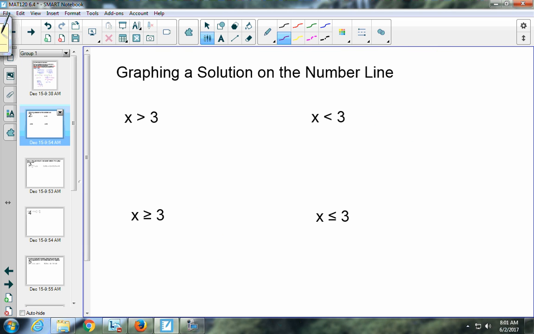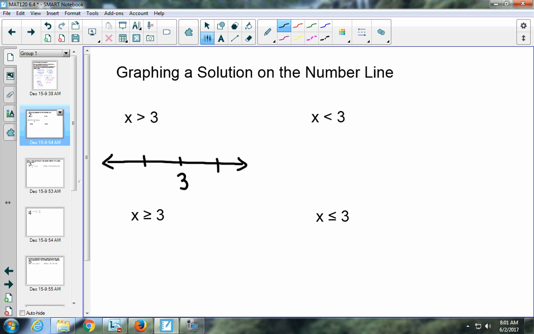Now, when we're solving inequalities, we usually graph our solutions on a number line, because with an inequality, there's more than one answer. So if we look at this first example, x is greater than 3. X is being compared to 3. So 3 absolutely has to be on the number line.